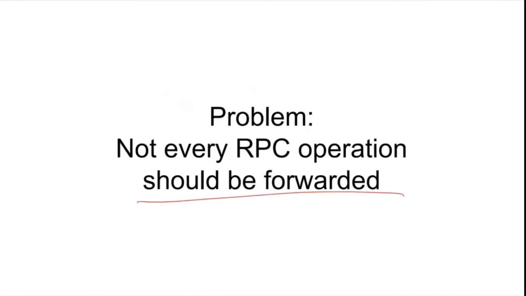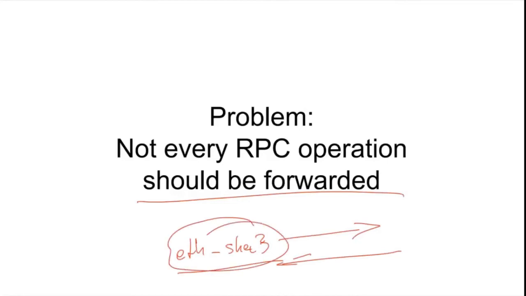For instance, if we just need to calculate a hash, there is this method, what's it called, eth_sha3 or something like this. We probably don't want to make a network request when we do this operation, right?